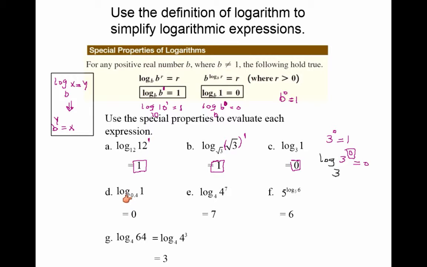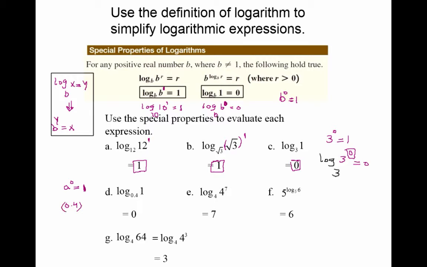Look at this one. Log of 1 with the base 0.4. How is this equal to 0? Okay, I can write 1 as 0.4 to the power of 0. Remember, anything to the power of 0 is equal to 1. A to the power of 0 is equal to 1. So instead of A, I'm going to pick 0.4 because it matches the base here.